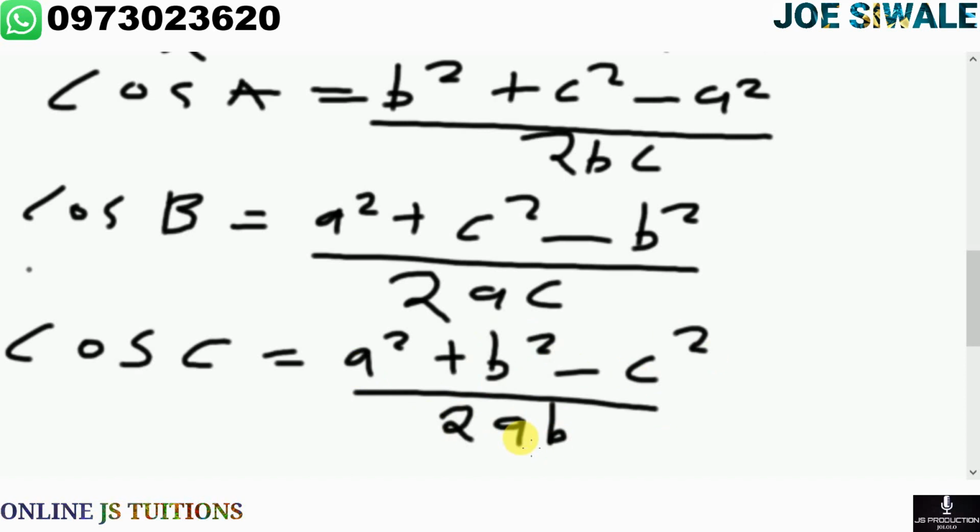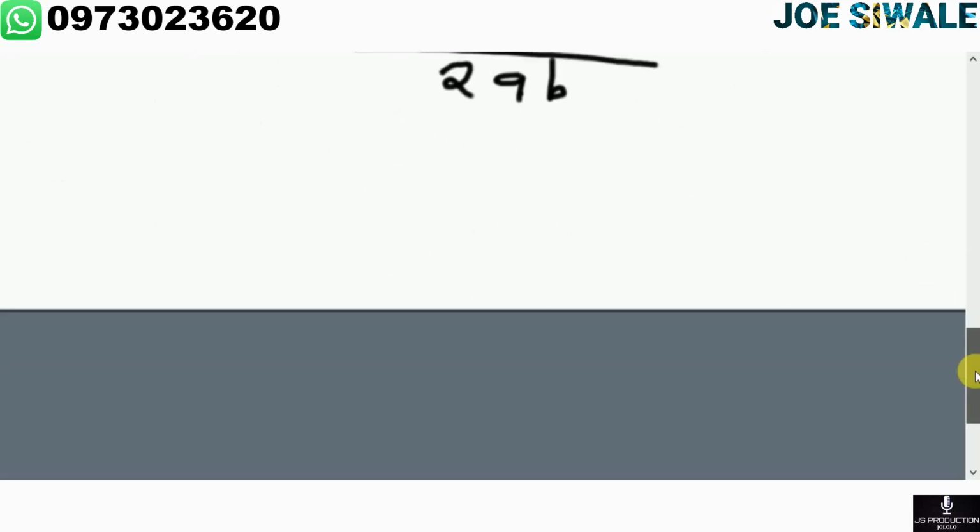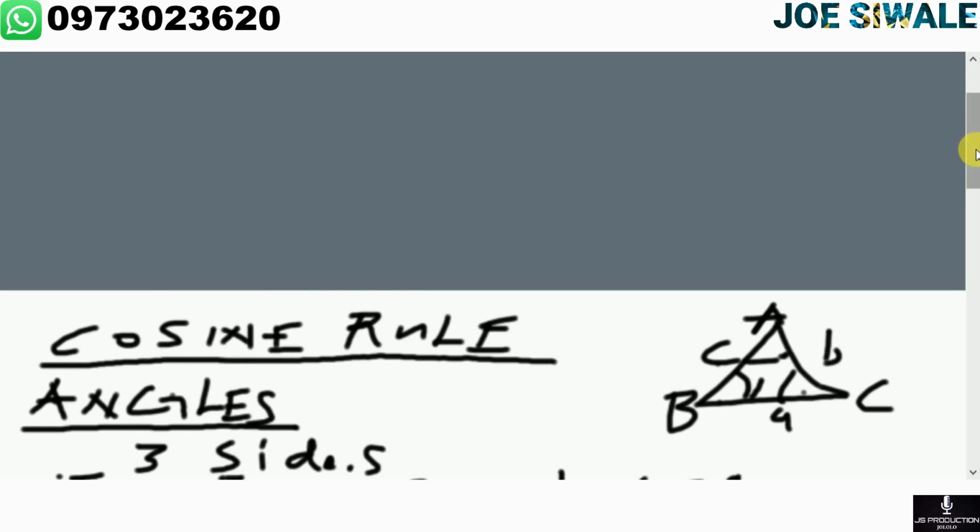And now we are going to look at an example. For this example, we have triangle ABC.